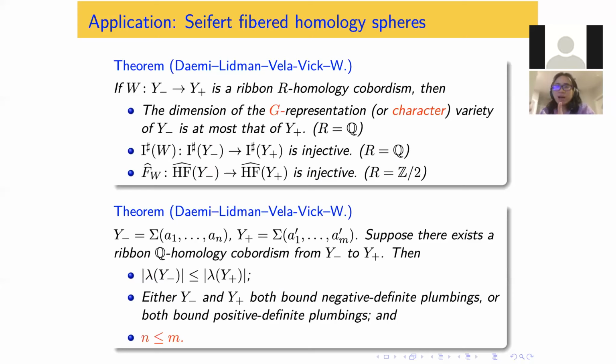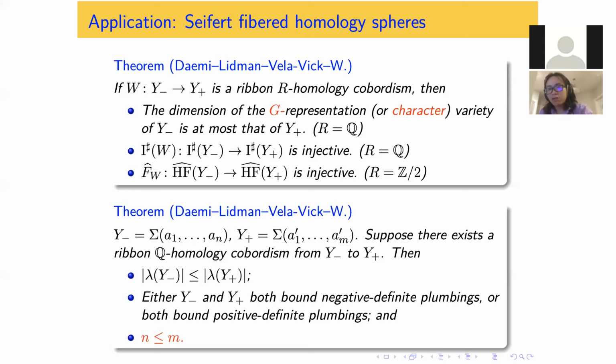So instead, what we prove is that if you have an irreducible representation for Y minus, that gives you an irreducible representation of Y plus. And if you compare the Zariski tangent spaces to the character varieties at these two irreducible representations, or rather the conjugacy classes associated, then the Y minus one has a smaller dimension than the Y plus one.